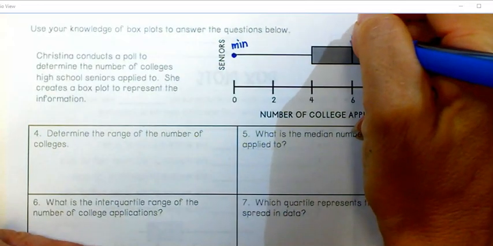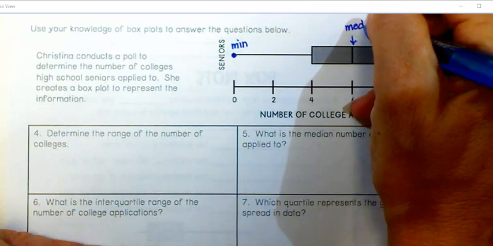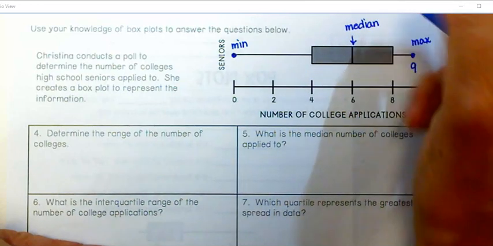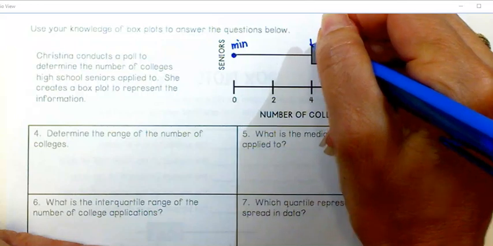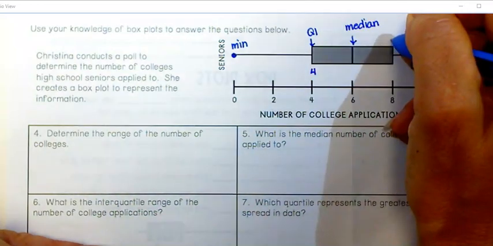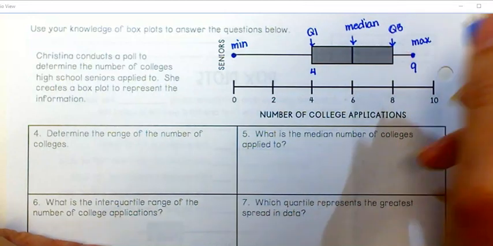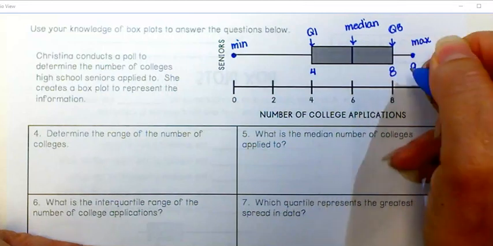The median, your middle number, was 6, so that's the number that falls in the middle of the list. Your lower quartile, remember this is quartile 1, is 4. Quartile 3, that's the median of your upper half, if you want to think of it that way, was 8.